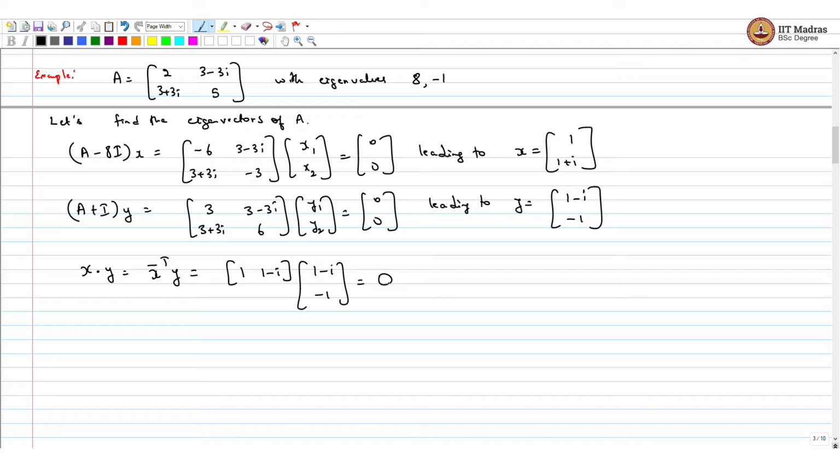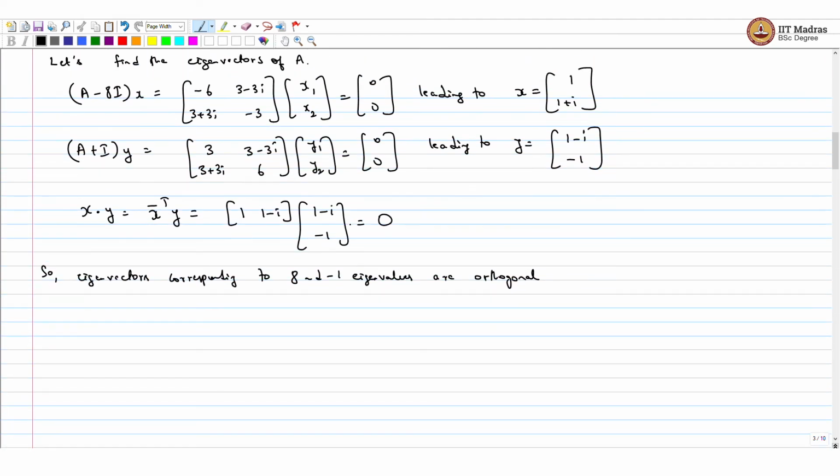Okay, so in this example it's clear that eigenvectors corresponding to 8 and minus 1 eigenvalues are orthogonal. And this is again not an accident, this holds true in general, just illustrated using an example here.